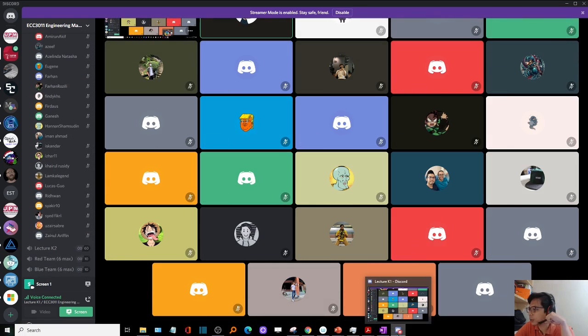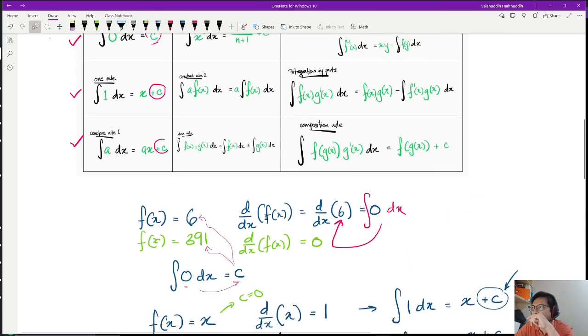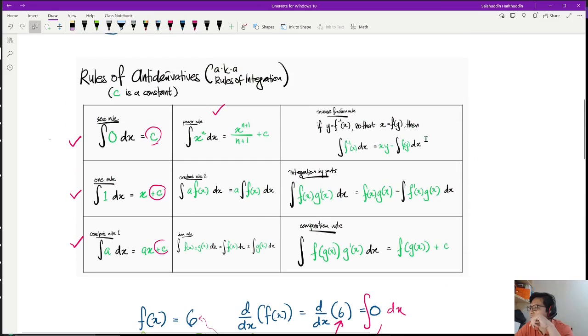Alright, so those are simple ones. I think those are enough, but let's do the hard ones. The harder ones to understand are all this, but I want to concentrate on this one, integration by parts.